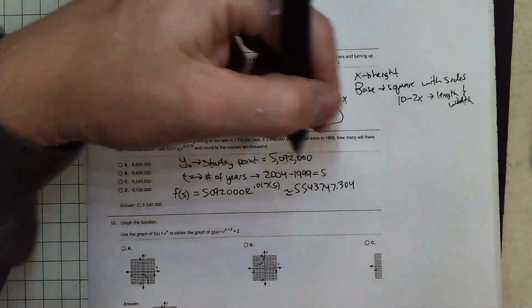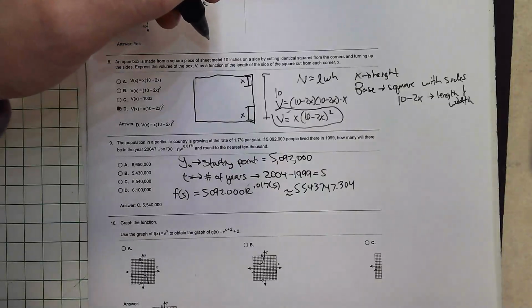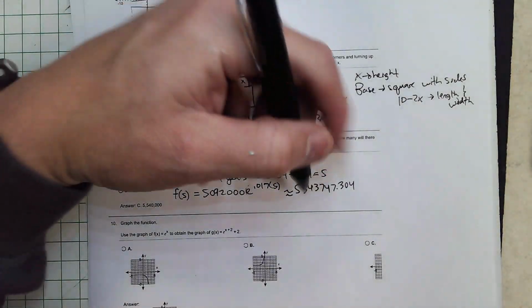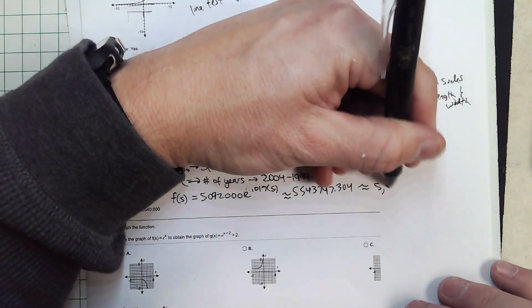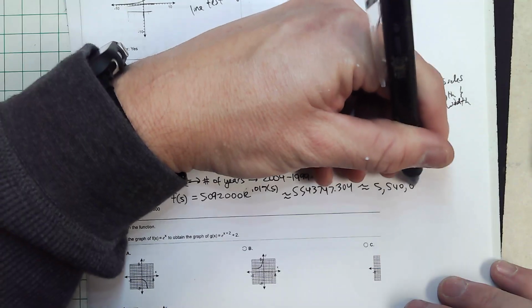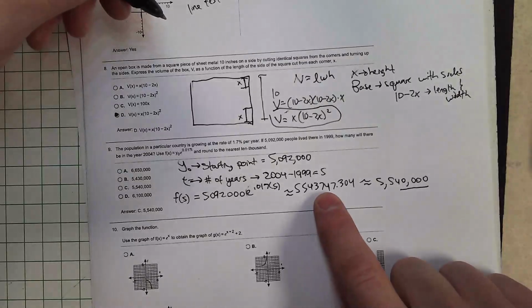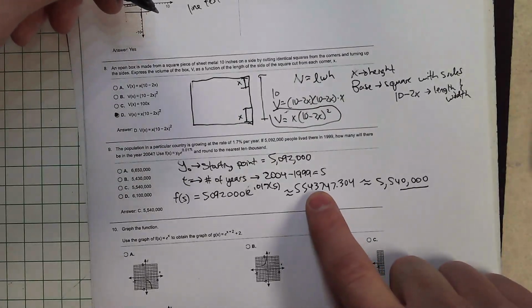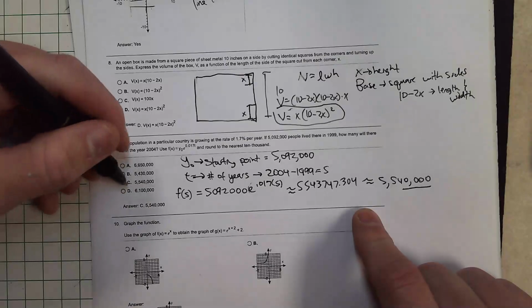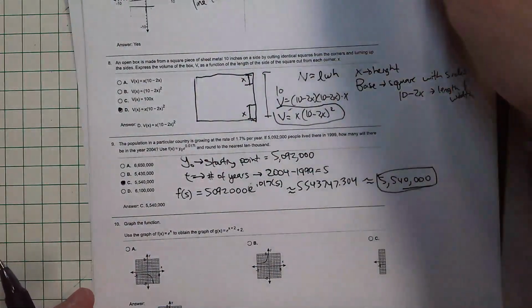So the closest one, nearest 10,000, would be 5,540,000. So nearest 10,000 would be this right there. So 437 would round up to 44. So that's C. Okay, a little tricky there on the rounding. Not used to rounding nearest 10,000.